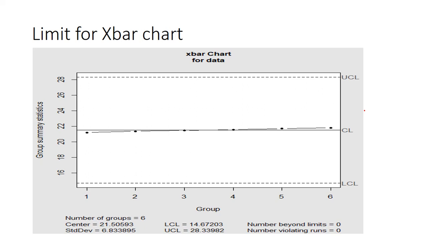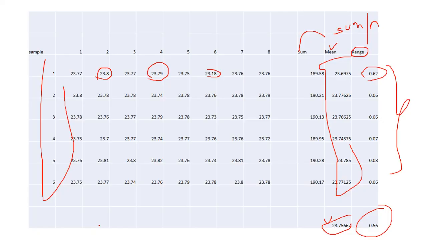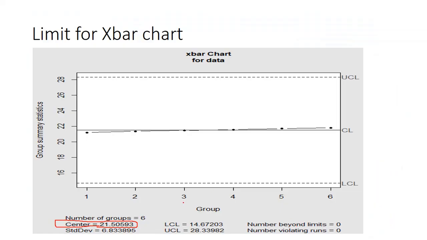Here also you can do it; I did this from R software. Observe, here the center is 21.50593. This is our mean, which I already calculated. Then we have the number of groups: six groups, with a sample size of 8. Then the standard deviation is 6.833895.